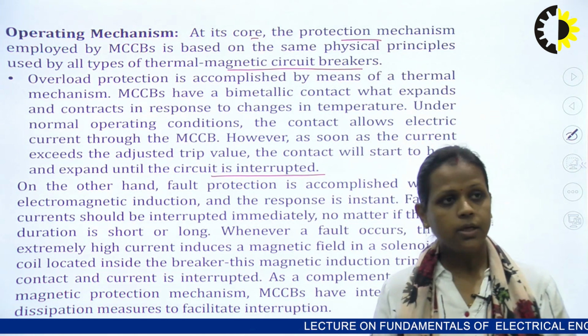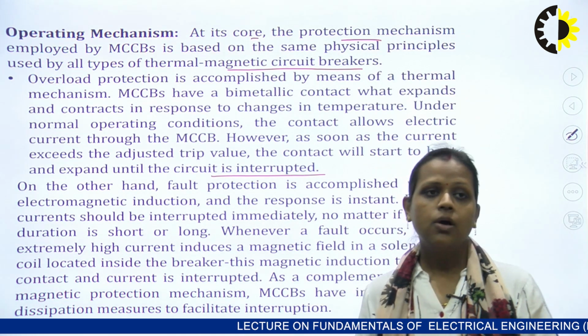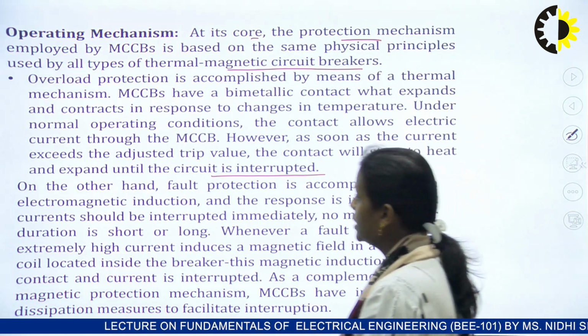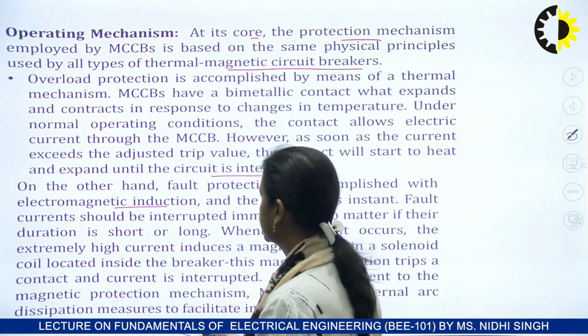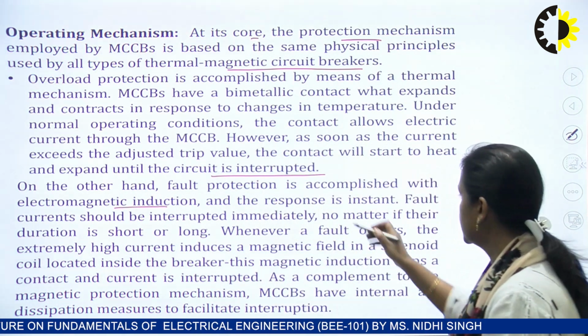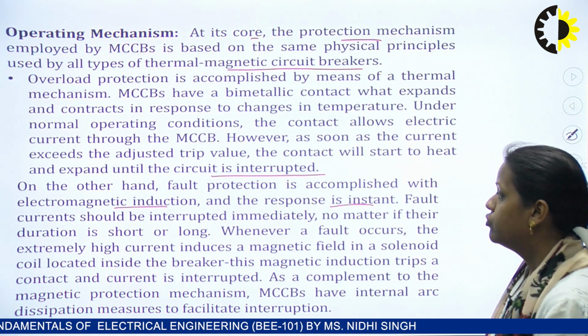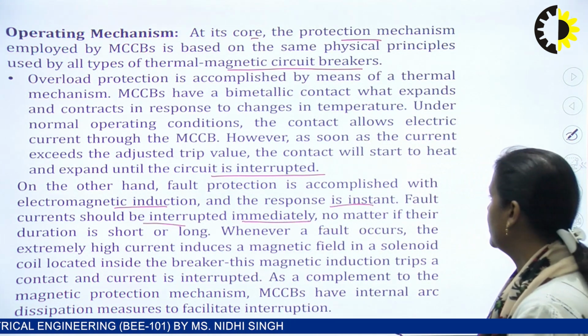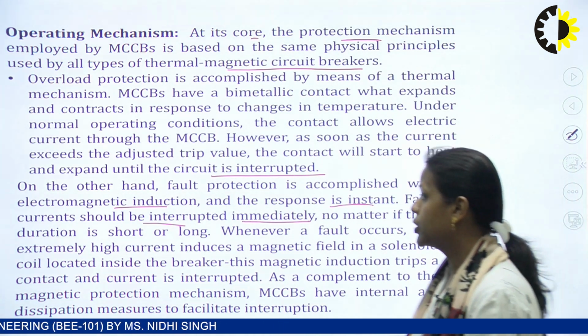On the other hand, fault protection is accomplished with electromagnetic induction, and the response is instant. Fault current should be interrupted immediately, no matter if its duration is short or long.